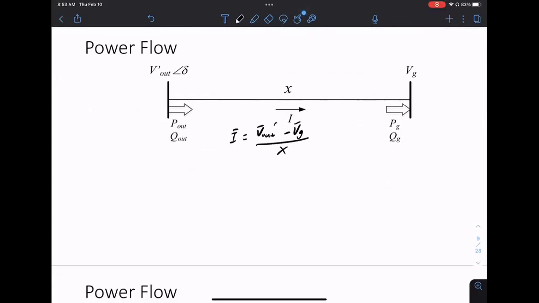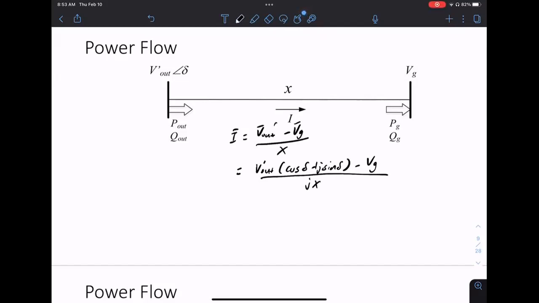Okay. So V out has some angle. So we can write this as V out prime cosine of the angle plus j sine of the angle, minus VG, which is angle 0, over jX.